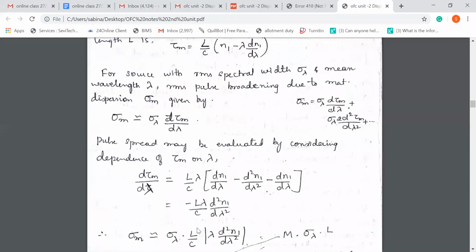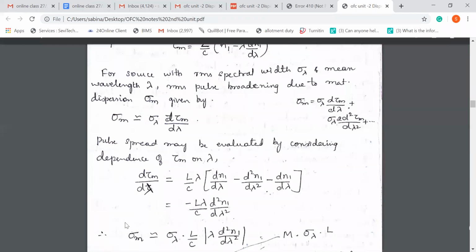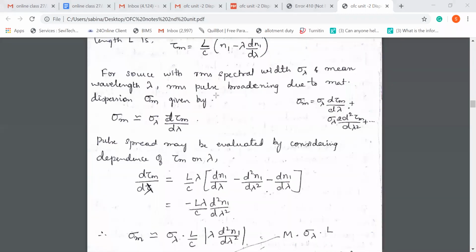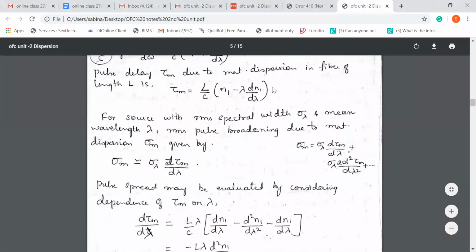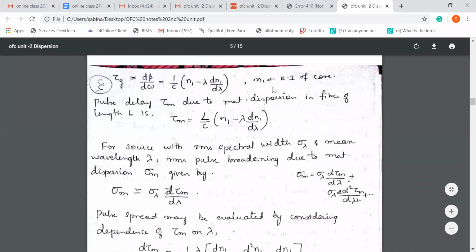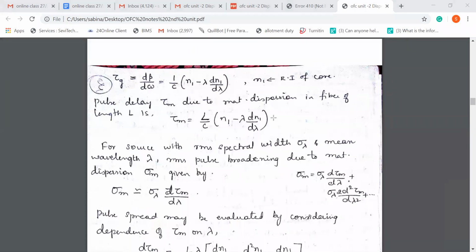I don't think they have given an equation number here, so we can just write it down. Let me call this equation number 1.